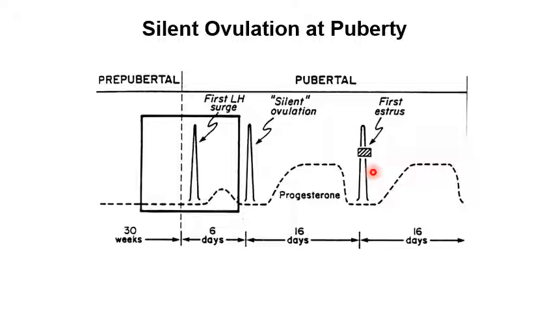And of course, there is already the manifestation of estrus at this time. So again, the silent ovulation is the first ovulation which is not accompanied by behavioral estrus. This is particularly seen in heifers and ewes. Thus the age at first estrus may not reflect the true acquisition of puberty.